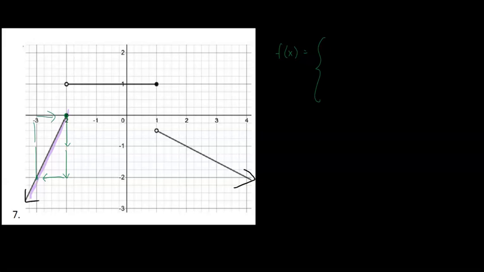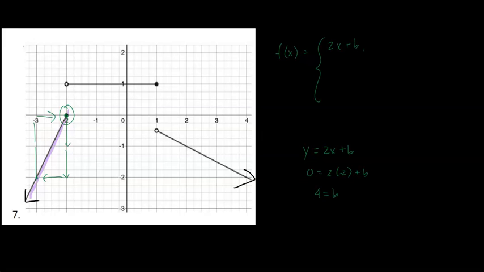That's positive slope. So that's going to be 2x. Okay. And then we're going to say 2x plus b. We could use this point right here. We have 0 equals 2, and then 2, negative 2 plus b. So b equals 4.